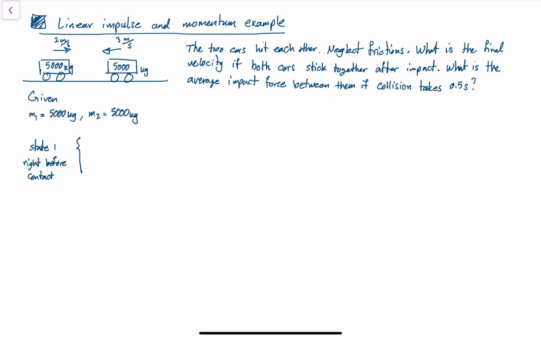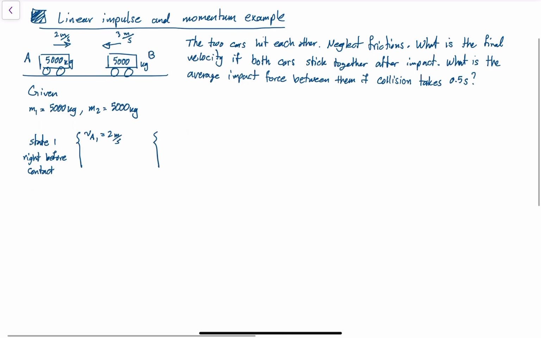We don't care and we don't know about the positions, but we know velocities. Let's call this A, let's call this B. VA1 is 2 meters per second. And I'm going to make another bracket for object 2. VB1 is 3 meters per second.